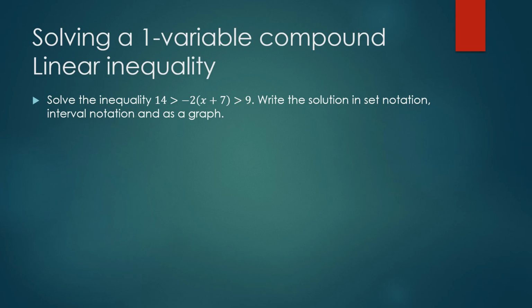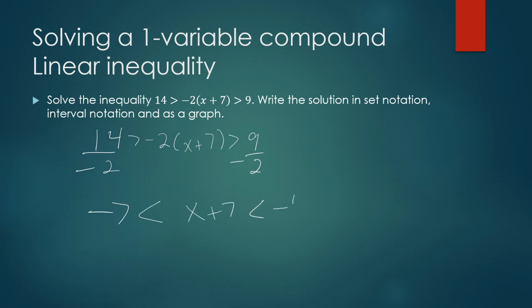In other words, we will do any operation from the middle to both the 14, this end, and the 9 on this end. If we start by dividing by negative 2, we'll get the new inequality of negative 7 is less than x plus 7, which is less than negative 4.5.